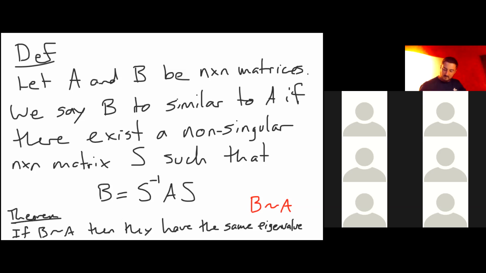I can't write the S there because there's an icon that my pen keeps hitting, but if B is similar to A, then they both have the same eigenvalues. Put an S there when you write it down. It's actually a cute little proof. I'll see if we can do it on Tuesday.